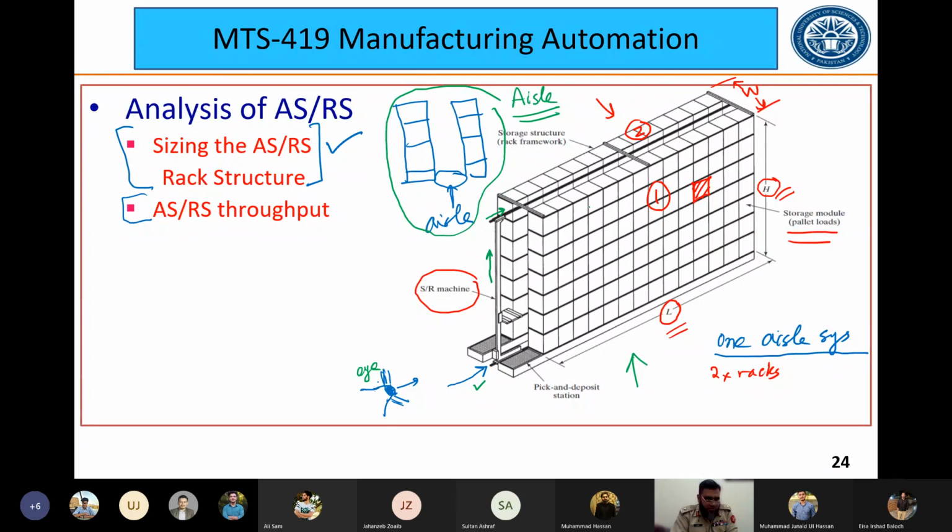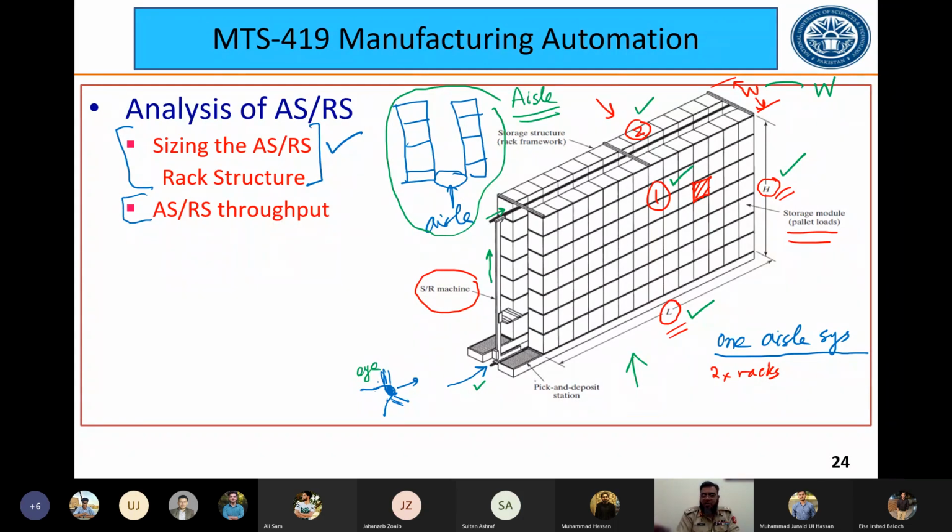Now let us come back to the 3D view. So this is rack number 1. This is rack number 2. The rack has a length equal to L. The rack has a height equal to H. And the width of the racks including the aisle would be W. I am introducing some terms which we will use now. The system you are looking at on the slide is called a one aisle system.